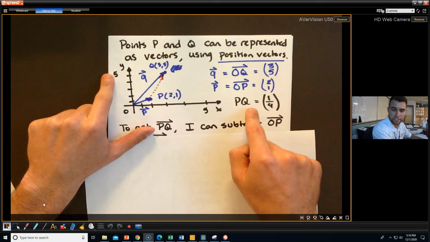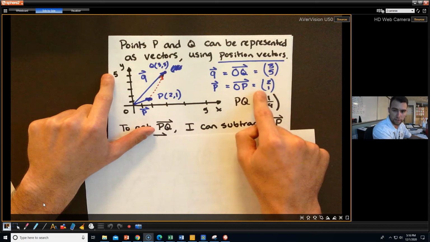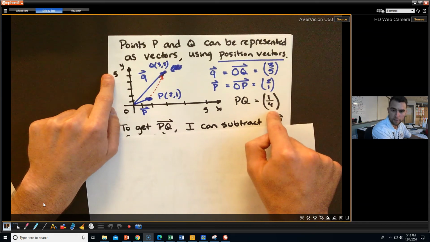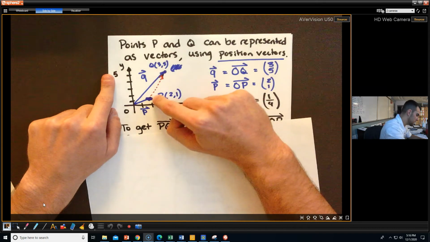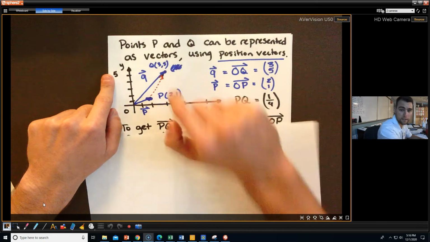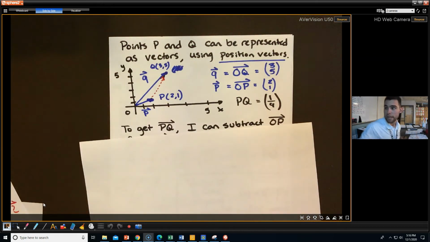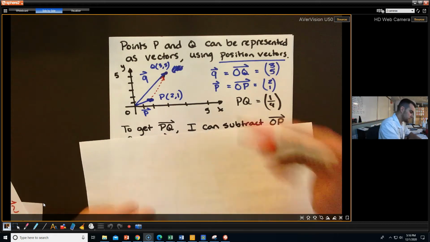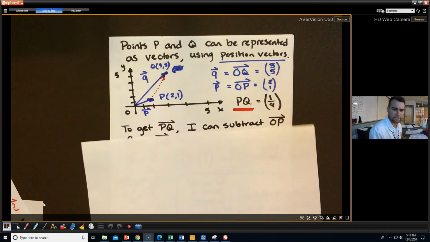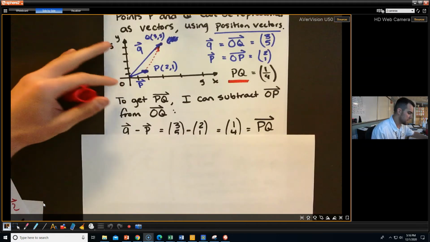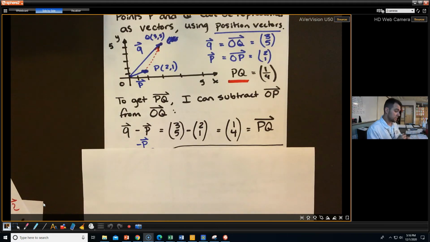Now, somehow from these position vectors, I am getting PQ, the vector PQ represented in this red, to be 1 over 4. And we saw that with slope, so it does make sense. But let's go ahead and see what's going on. To get PQ, I can subtract the OP vector from the OQ vector.